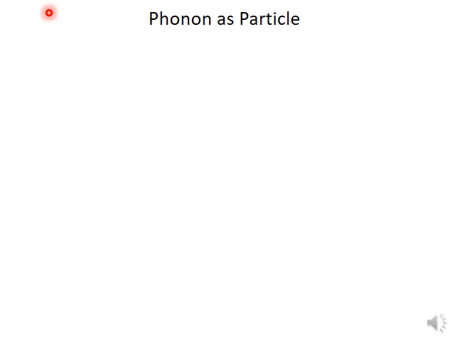So if you now consider lattice vibration in terms of the quantum picture and represent it as consisting of so-called quasi-particles called phonons, then just like photons, which are quantum particles of light, you can think about the energy and momentum of each particle.